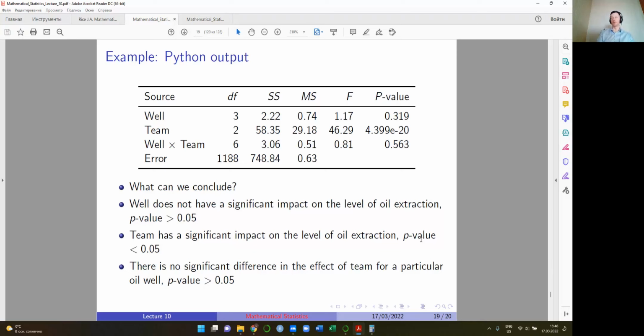I don't know, whether the person is a villager or lives in town, and the number of family members in the family, and compare the effect on the salary of this person, something like that.